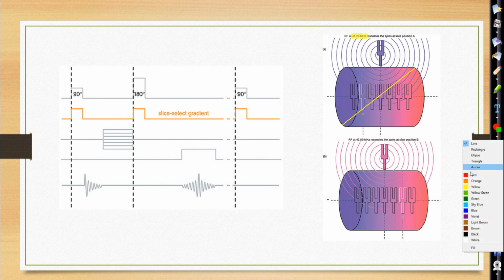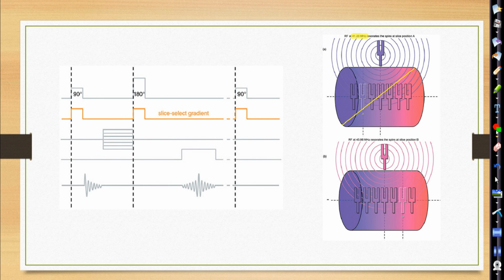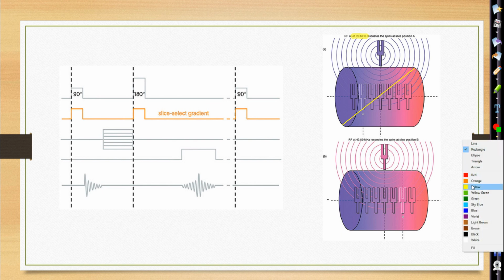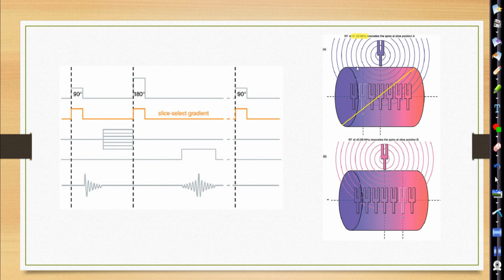So let me draw a rectangle to give you a better idea of what I mean by exciting a slice. Here is the slice that we're exciting, just A. All these other slices outside of A are not being excited. Let's draw our patient again. Here's our patient's foot, and here's their head. Imagine this is their ankle.